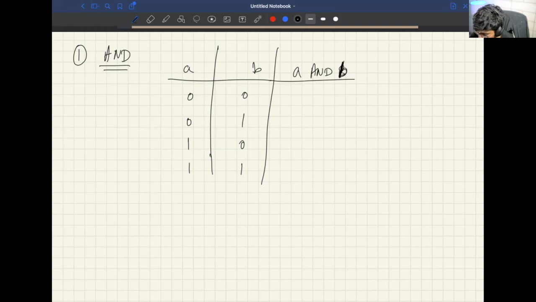So both of these should be true. So 0 and 0 will give 0. 0 basically means, let's say, false. 1 means true. 0 and 1 will be 0. 1 and 0 will be 0. 1 and 1 will be 1.